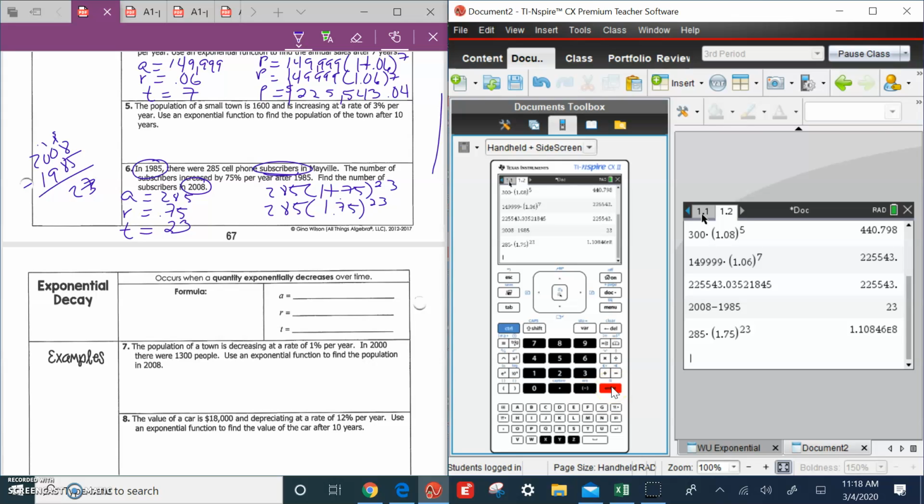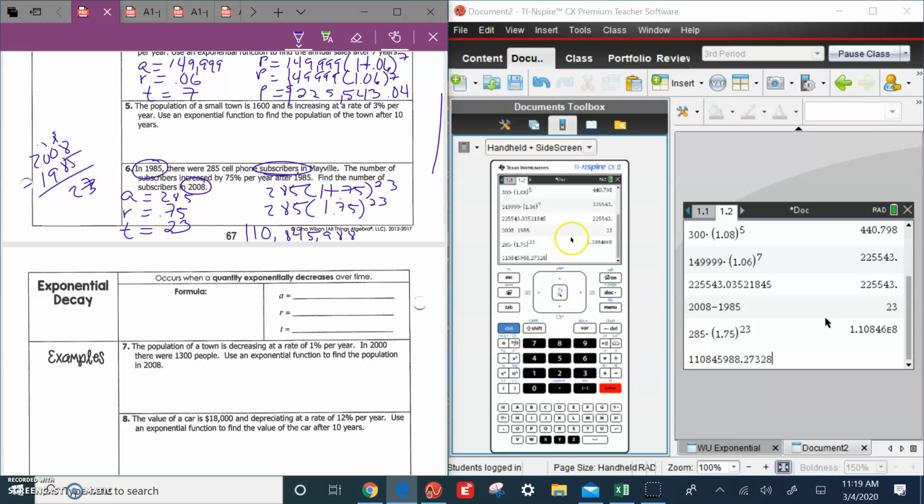All right, and then click up so you can see the whole number, and it's going to be a lot of people. I think it's 1,100,845,988. And because it's people, we don't put decimal and we don't round out. So we leave it like that.